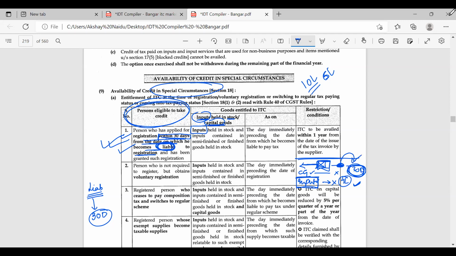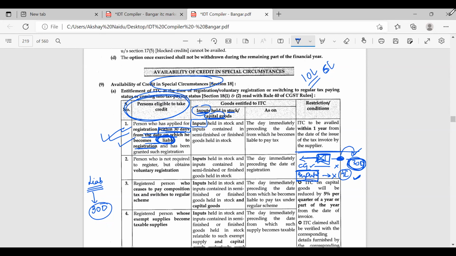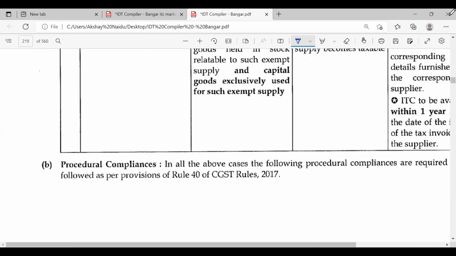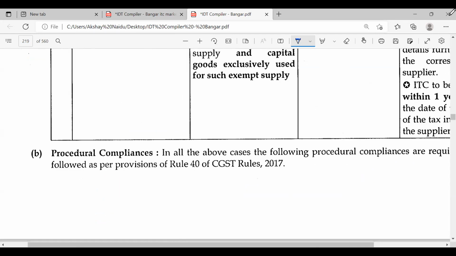Ma'am, if we did not apply within 30 days, understand. If you fail to apply within 30 days, this is the date when your threshold limit crossed. You were required to apply within 30 days. This is the end of my 30 days. Everyone, this is the end of my 30 days.